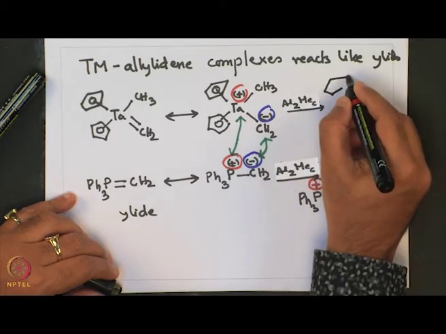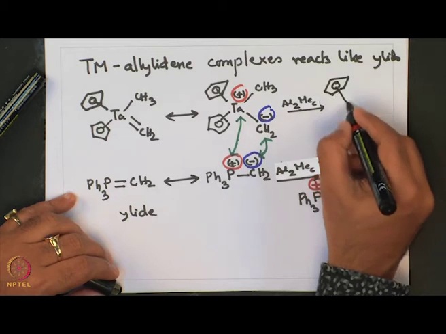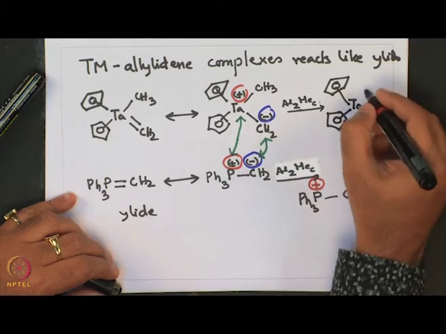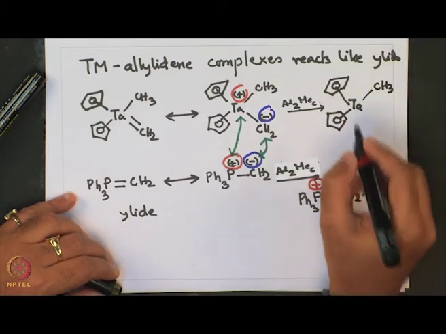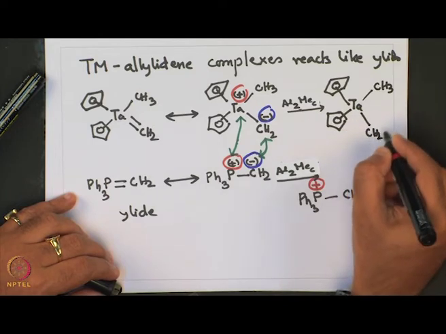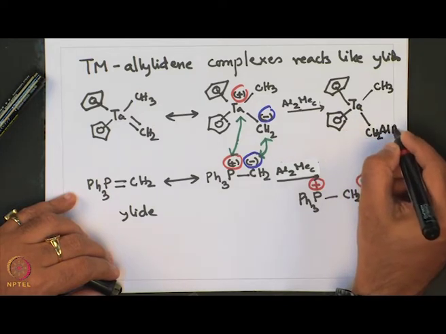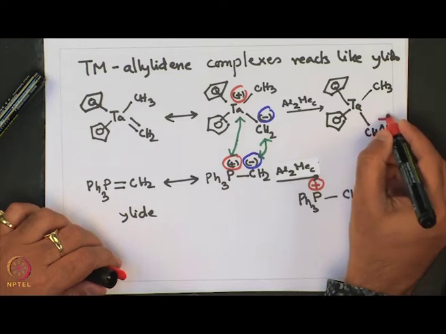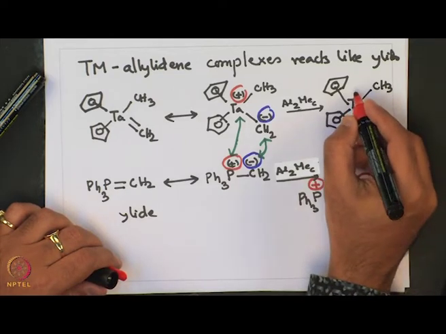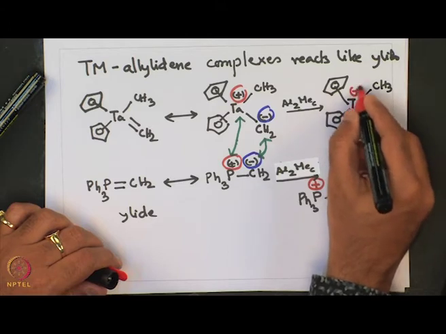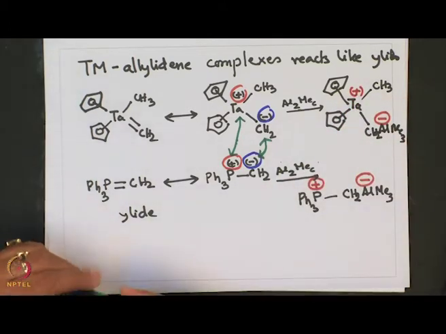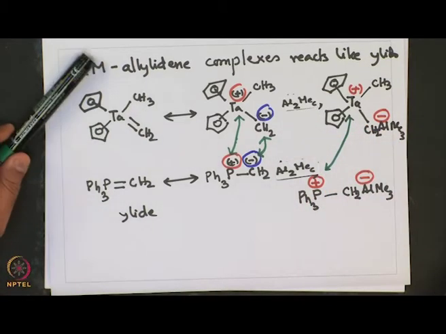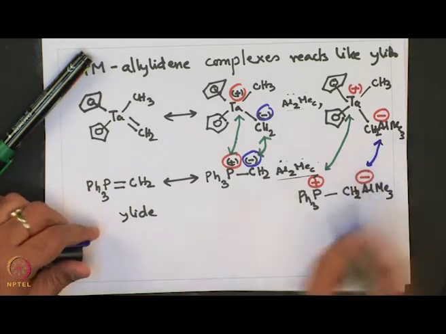thus gives this Cp2 tantalum methyl CH2 AlMe3, where again we see the aluminum is negatively charged and tantalum is positively charged, similar to what we had observed in the earlier discussion.